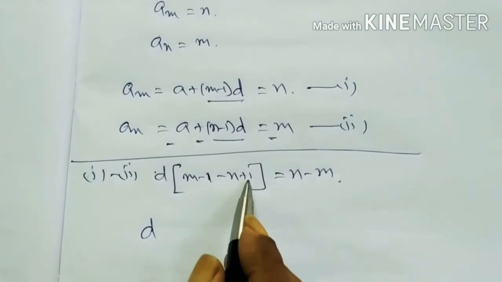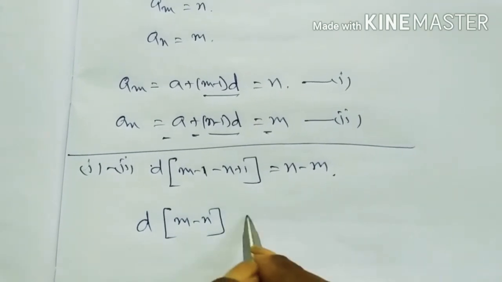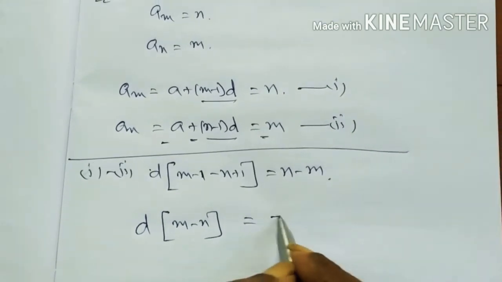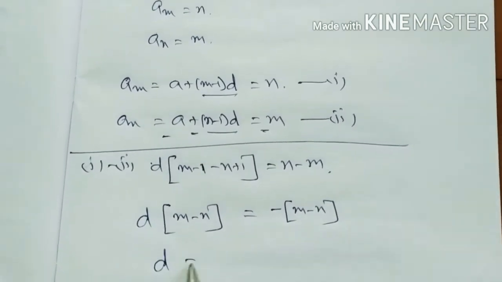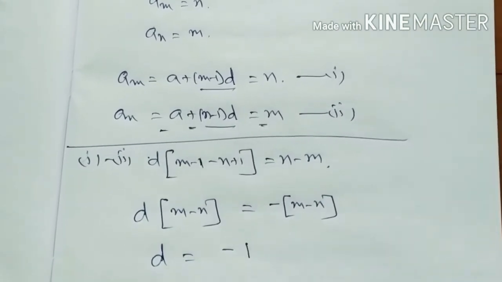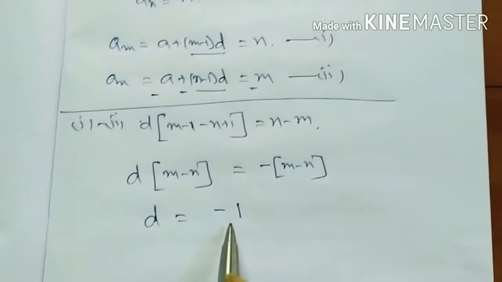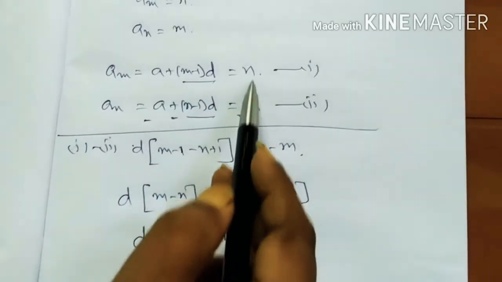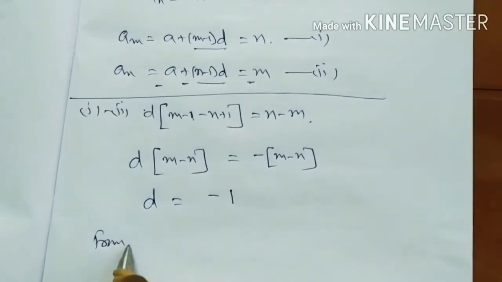Minus 1 plus 1 cancels out, m minus n, here I take minus common, so (m minus n) d is equal to minus (m minus n), and d is equal to minus 1. I got the value of d. Now putting the value of d in either equation 1 or 2, I will find the value of a.